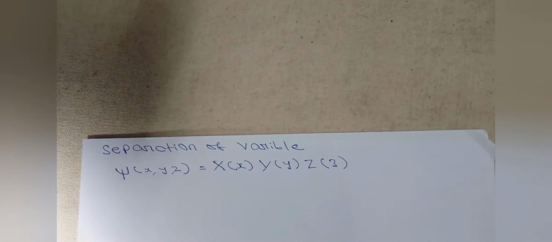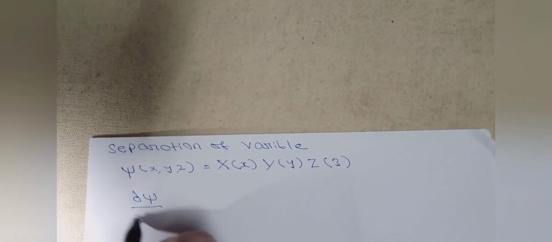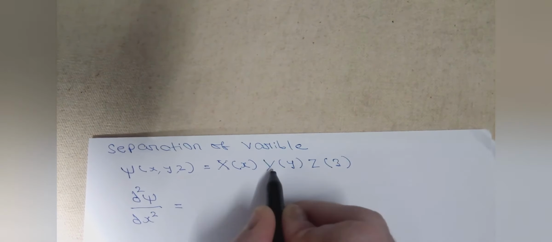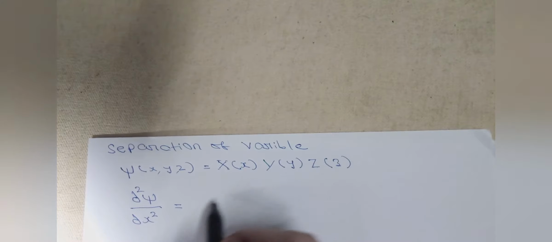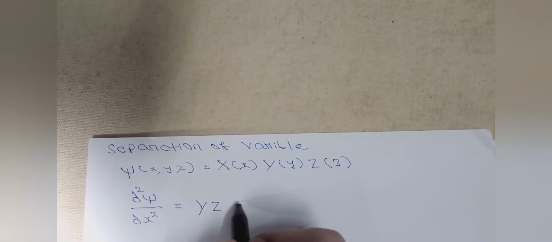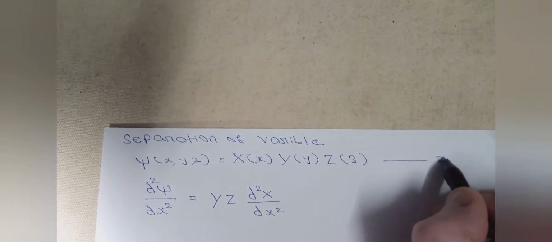Now when I differentiate this with respect to x, dou square xi by dou x square, double differentiation with respect to x, then Y and Z become constant. So it is YZ dou square X divided by dou x square. Let this be equation 3.